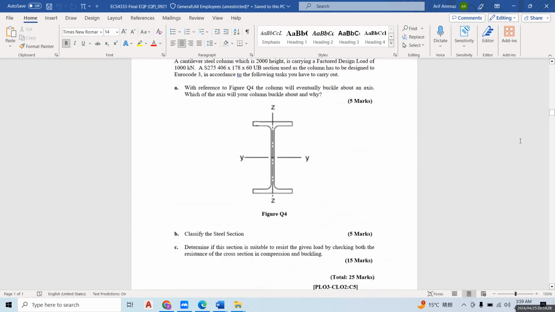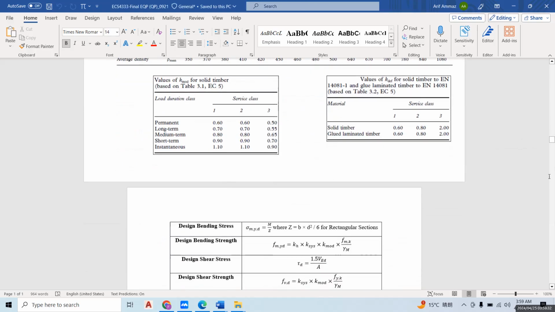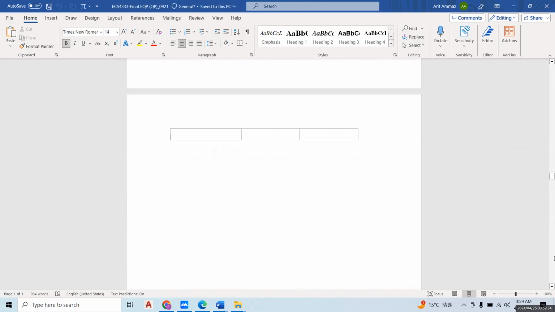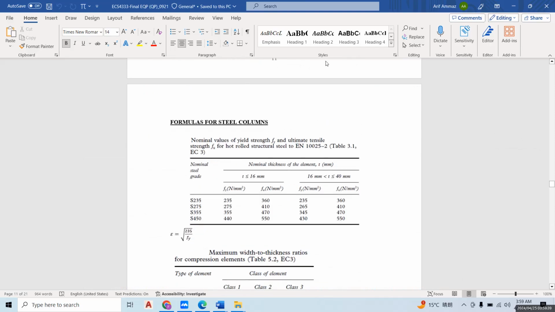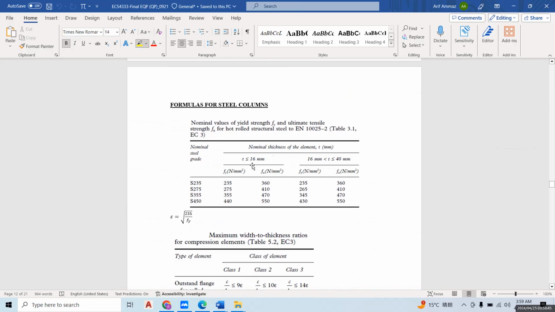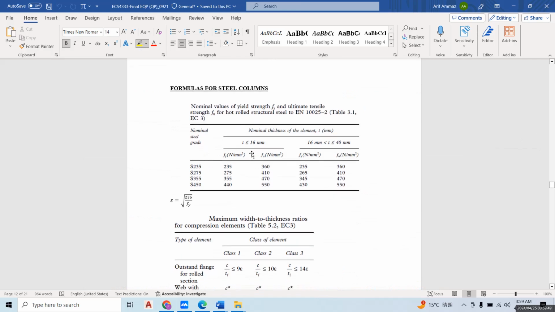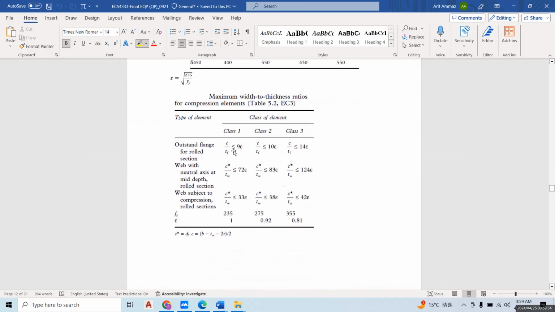Now, see, this is the formula sheet. This is a very comprehensive formula sheet. So brother, this is your table where you see what is the thickness of flange, and this all is your fy. Now see that if your value for flange is under 9ε, your section is class 1.